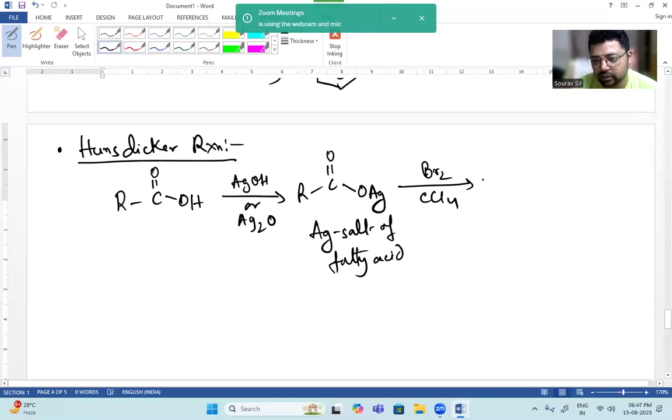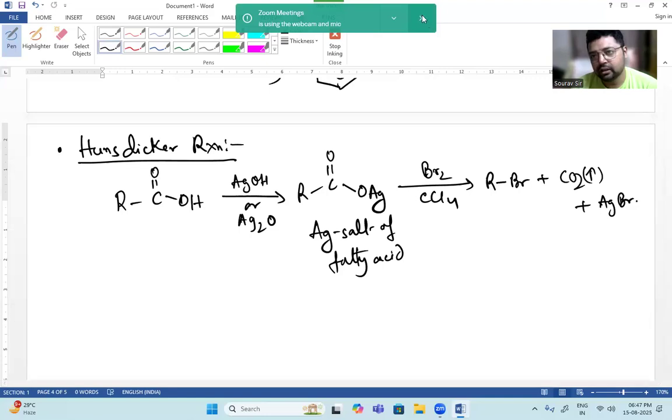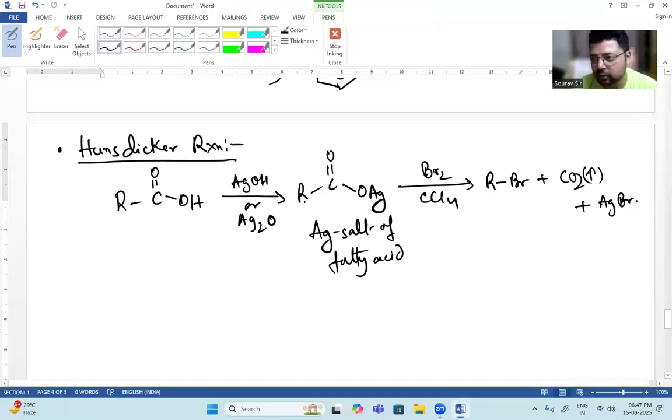So you will get from here RBr, CO2 and AgBr. And you can see that this R can be anything. It can be a benzene ring as well, or it can be an alkyl group as well. Understood? Anything is possible for this R group.